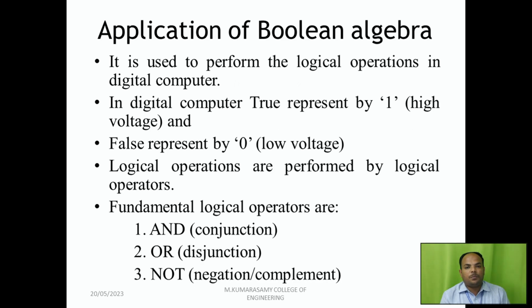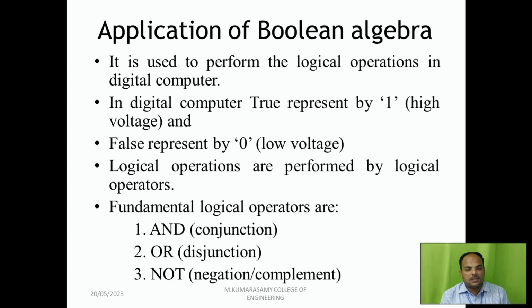So it is used to perform logical operations in digital computers. Digital computers use the logical operations like AND, OR and NOT. AND acts as a product term, OR is a sum term and NOT is the inverting term.